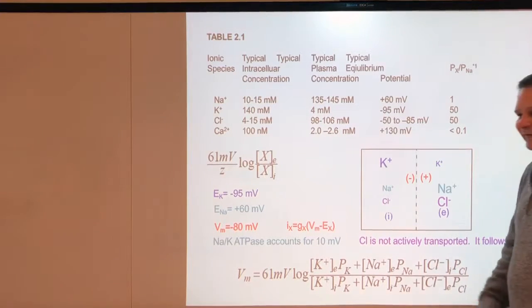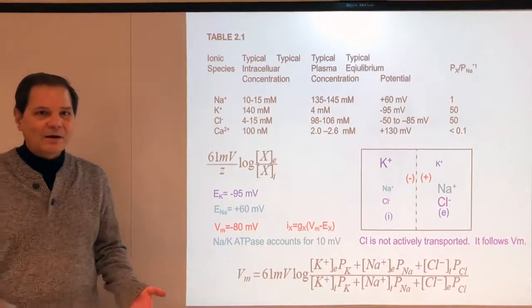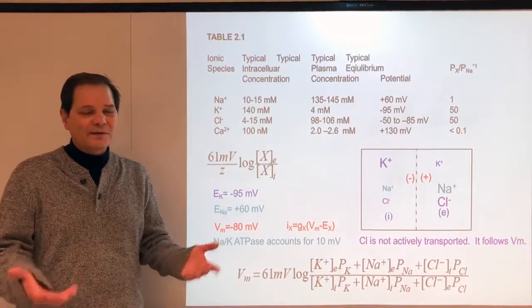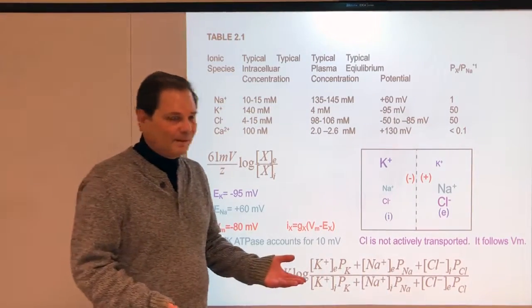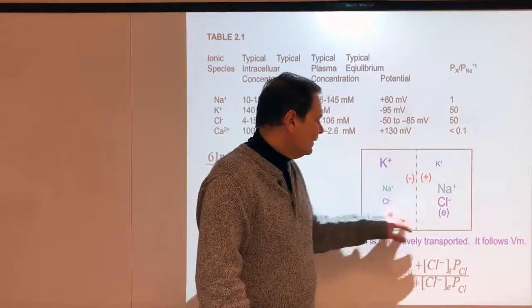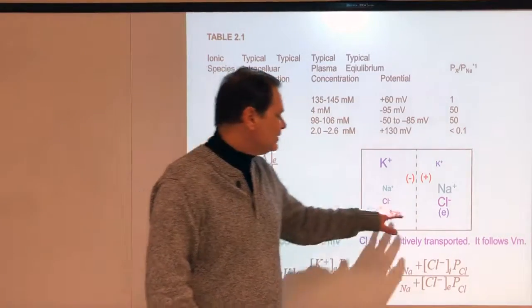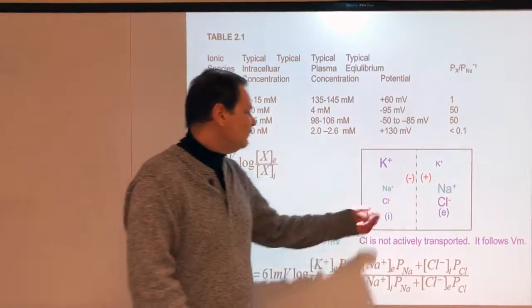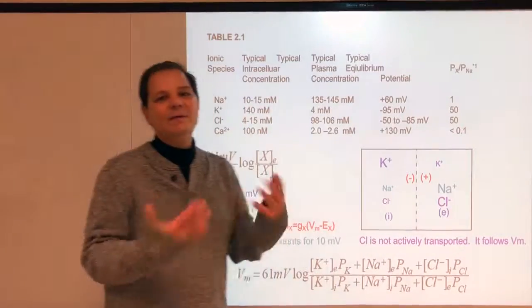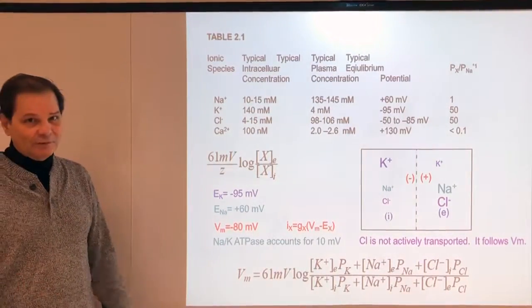It's the opposite of sodium and potassium, which are being actively transported and generating voltage. In the case of chloride, it's moving in response to voltage until its concentration gradient builds to the point where it stops moving. At that point, the equilibrium potential for chloride will be equal to the membrane voltage. And that's the story with chloride.